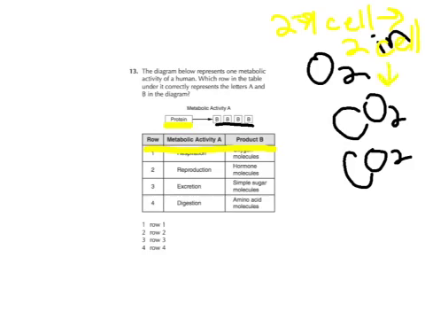So usually in reproduction, you're dealing with something a lot more complicated than just a single protein turning into 4 different things, right? Certainly hormones and reproduction are related, but they wouldn't be the product of reproduction, or at least not directly. So that leaves 1 and 2 both out.